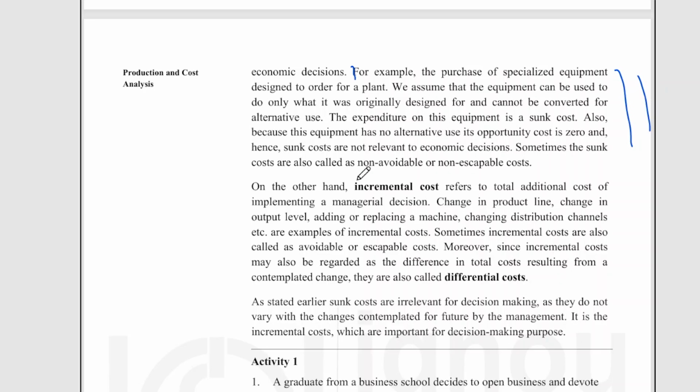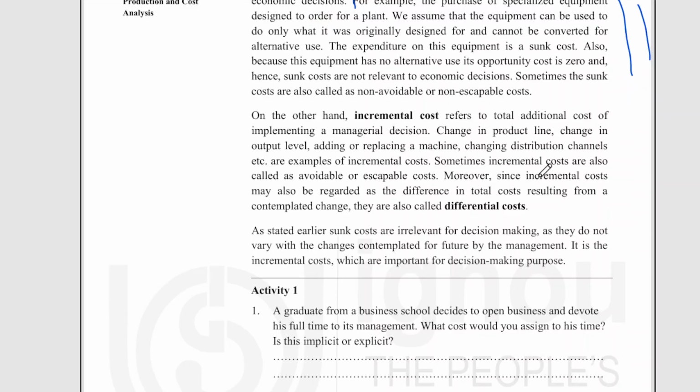And on the other hand, incremental cost refers to the total additional cost of implementing a managerial decision. Change in product line, change in output level, adding or replacing a machine, changing distribution channel, etc. are examples of incremental cost. Sometimes incremental costs are also called avoidable or escapable cost.